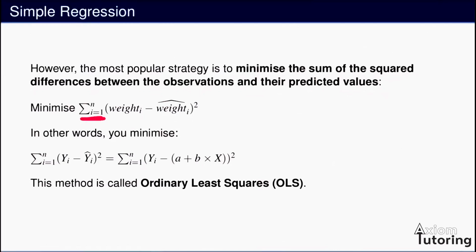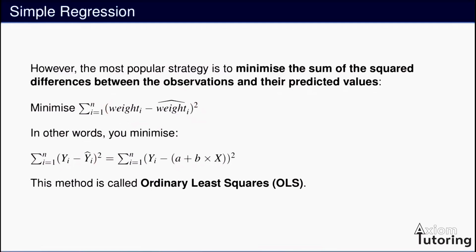So it's the sum from i equal to 1 to n of the true weight minus the predicted value of weight, but the whole thing squared, okay? So in other words, we minimize the sum of yi minus yi hat squared, okay? And remember that yi hat can be rewritten as a plus b times x.